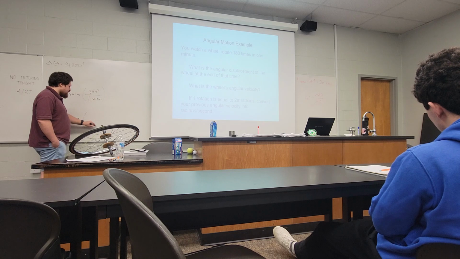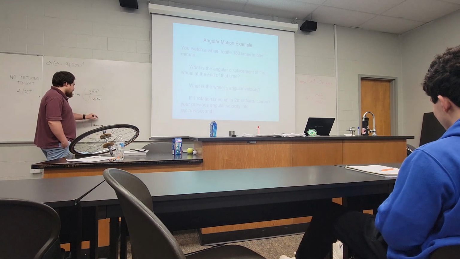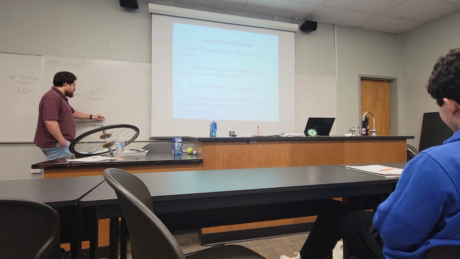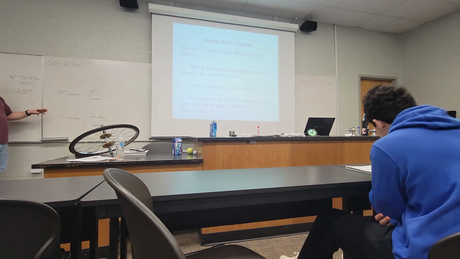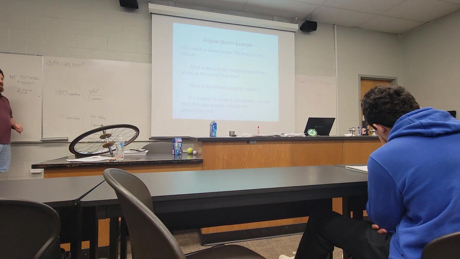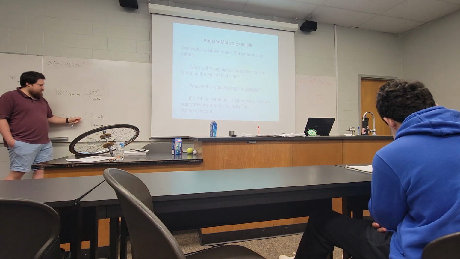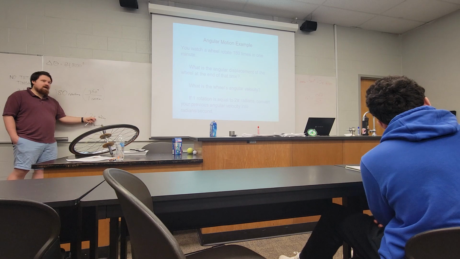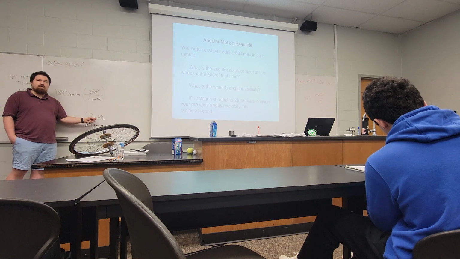One rotation is equal to 2 pi radians. I would set it up like this to cancel out rotations, leave behind the unit of radians. So to do this correctly in your calculator, you do 180 times 2 times pi. Pi is a number here, it's not a unit.